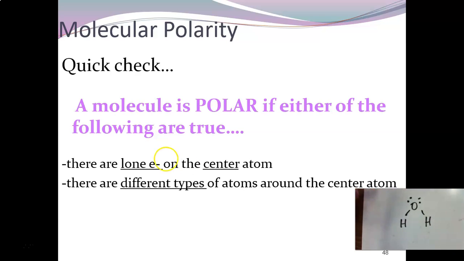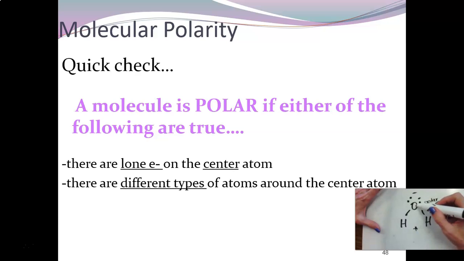This is an example of this first check. There are lone electrons on the center atom. Since there are lone electrons on the center atom, that means this thing is going to be polar. Okay, because there's a lot more negative charge on this end of the molecule than there is on this end of the molecule.